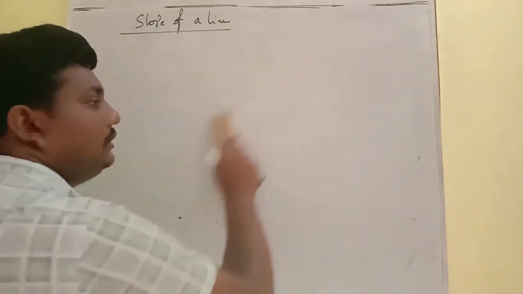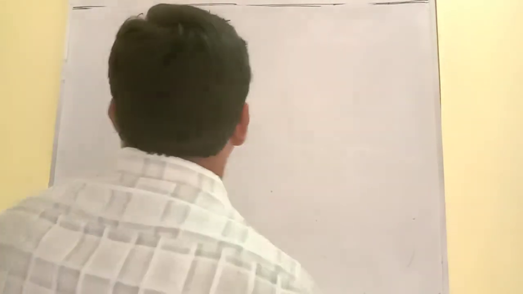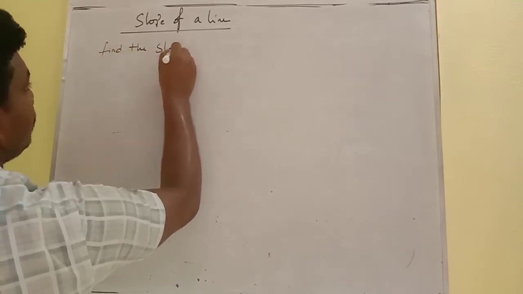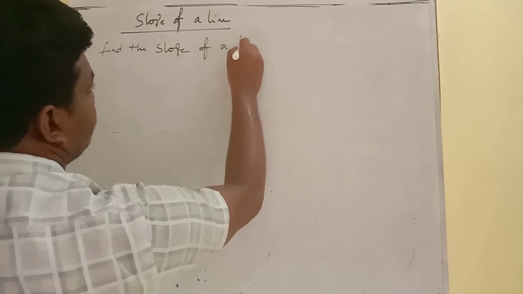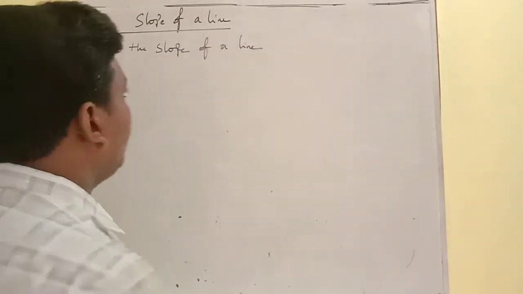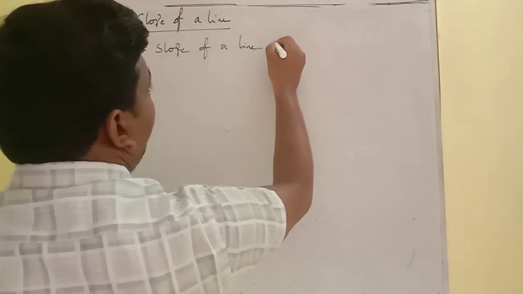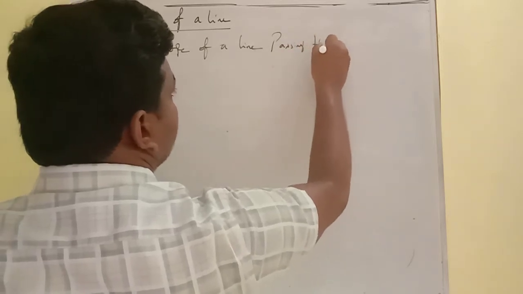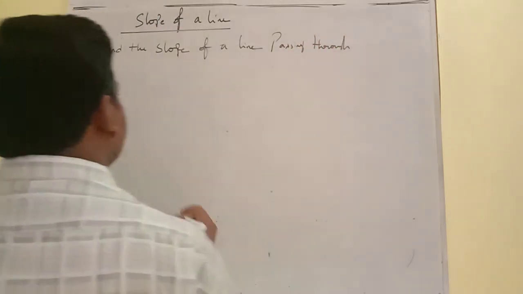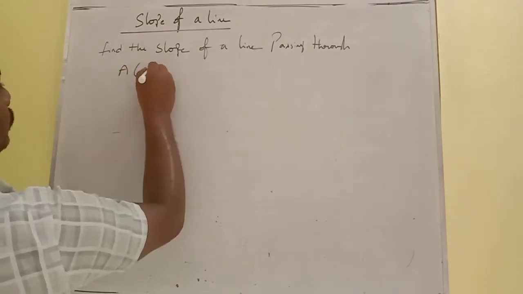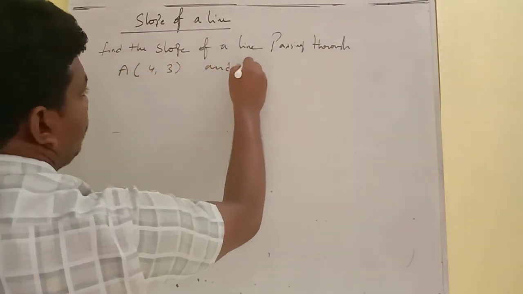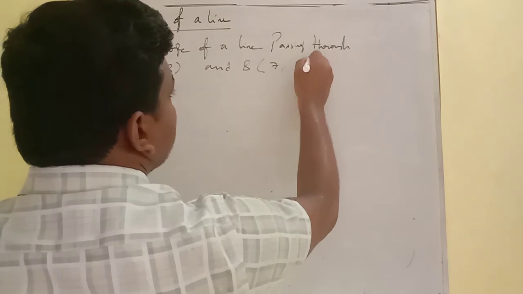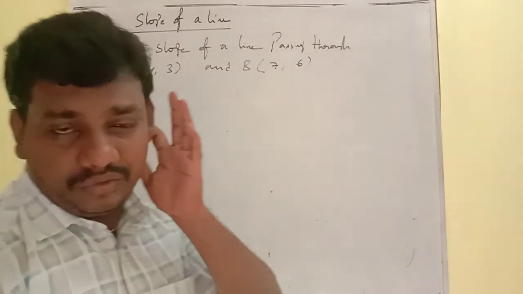Let me consider: find the slope of a line passing through A (4, 3) and B (7, 6). These are the two points.